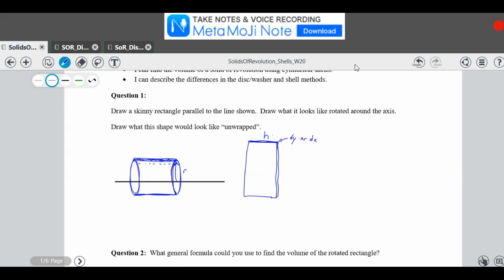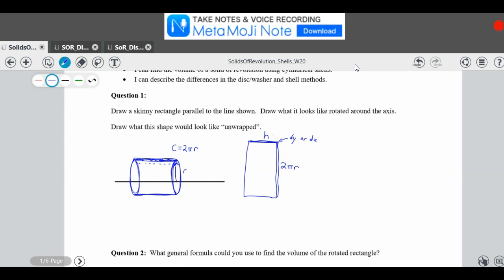In case you don't remember, circumference is 2 pi r for a circle. Basically the derivative of area. Area is pi r squared. Take the derivative, you get circumference, 2 pi r. So that will be this length right here. You could call this width or height or whatever, but generally with these rectangles, if they're vertical, we'll think of it as a height, and I'll keep that notation for this one.